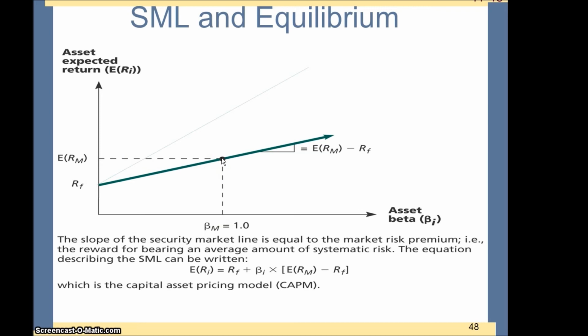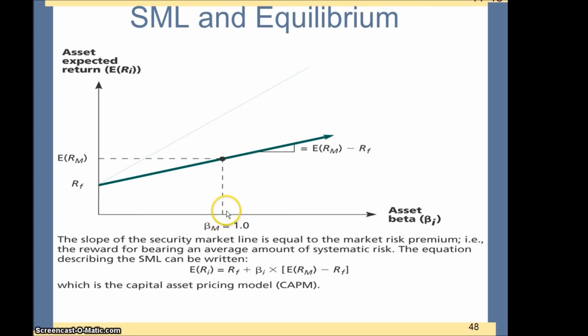Now, as an investor, you will prefer to have a steeper SML line or this line? Alright, you will prefer to have a steeper line, right? Why?